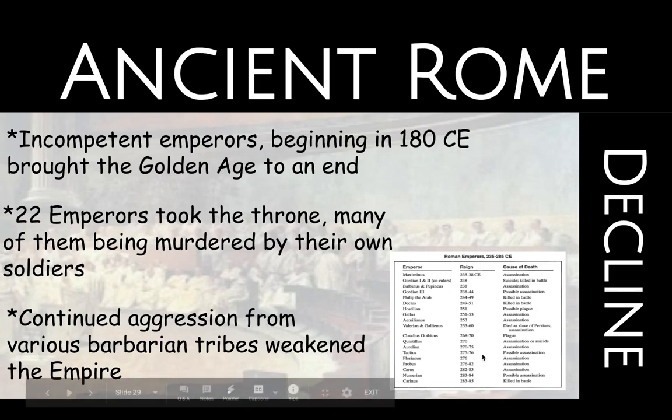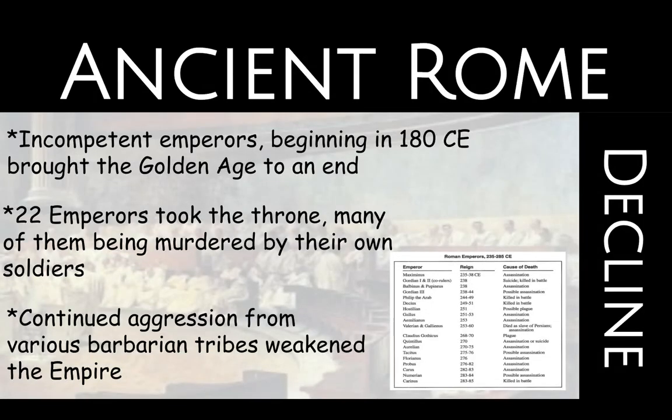And if you look here at this chart, it tells you what ended their rule, why they died. And if you look, assassination, suicide, assassination, killed in battle, maybe plague, assassination, plague, assassination. So many of them were murdered by their own soldiers. And so that leads to a lot of instability.